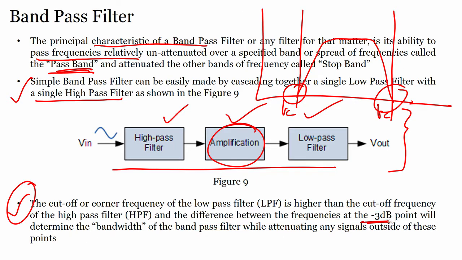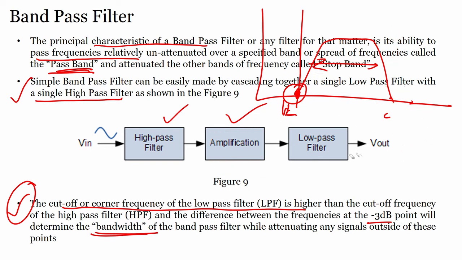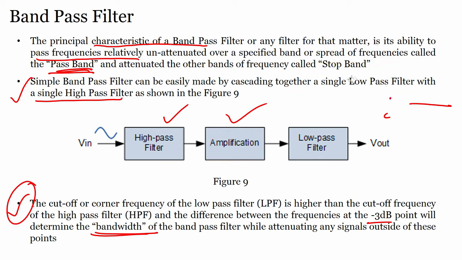It is written that the cutoff frequency of the low pass filter is higher than the cutoff frequency of the high pass filter, and if I say this is f L and this is f h, then the difference between f h and f L is my band of frequencies that I want to pass. So, the difference between frequencies at the minus 3 dB points will determine the bandwidth. That means if I design a filter, then if I want to know the bandwidth, what will I do?